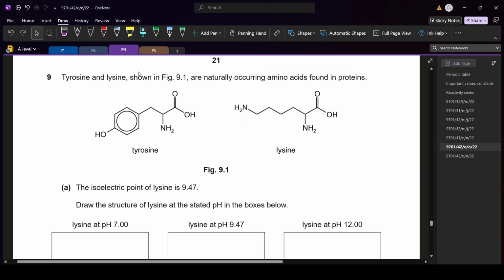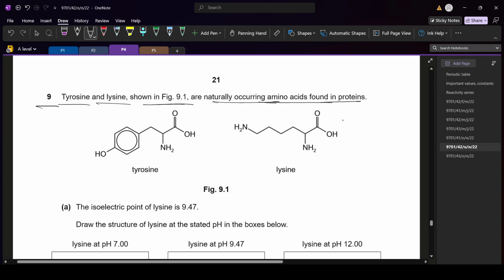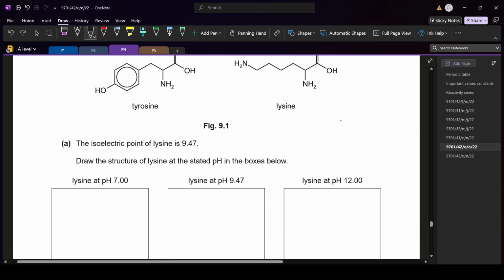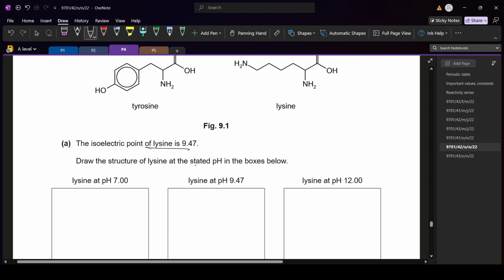Now moving towards question number 9. Tyrosine and lysine, shown in figure 9.1, are naturally occurring amino acids found in proteins. The isoelectric point of lysine is 9.47. Draw the structure of lysine at the stated pH in the boxes given.